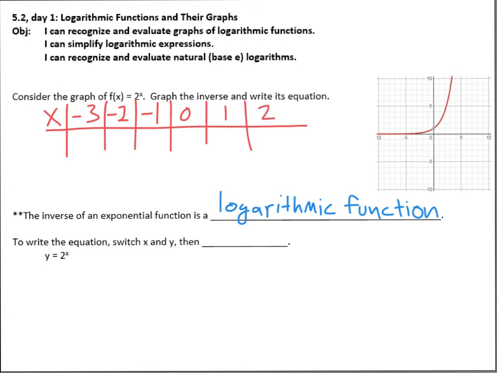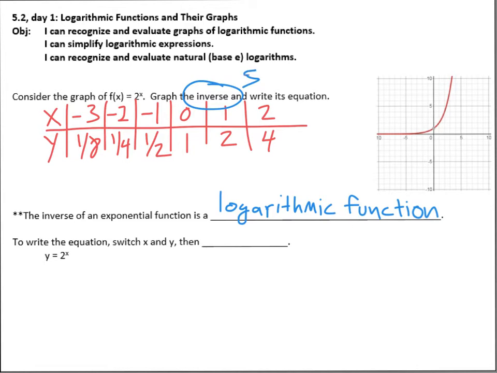Your y values would be, let's see here, we'll start over with the positives. 2 squared is 4, 2 to the first is 2, 0 power is 1, 1/2, 1/4, and 1/8. There we go. So there we've got a table and a graph for 2 to the x power.